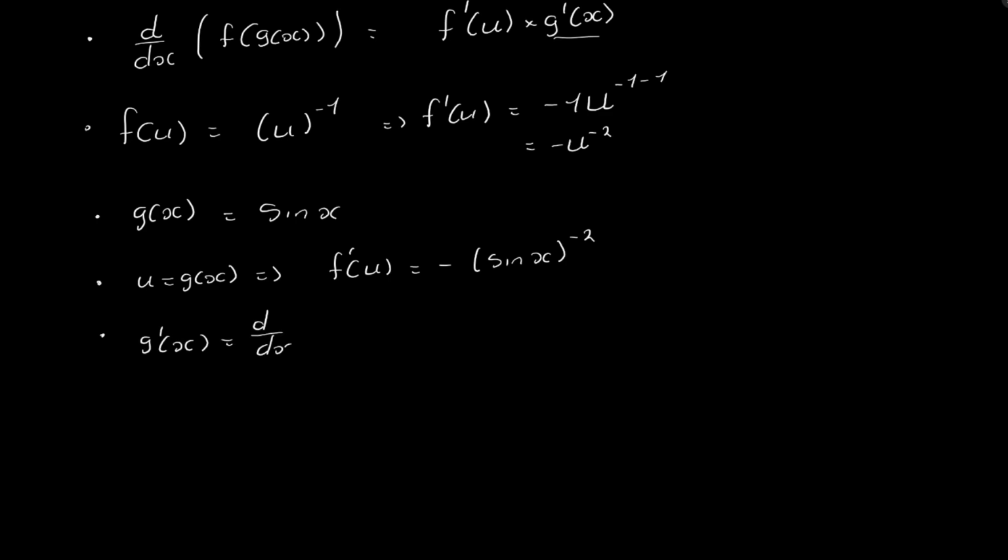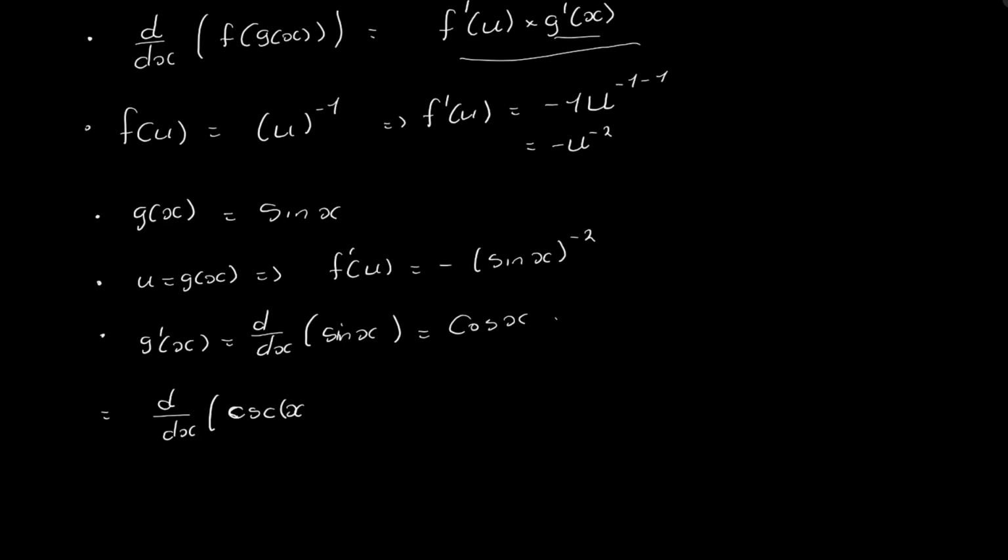So g prime of x is equal to d on dx of sine x, which is equal to cos x. So we already have our g prime of x and our f prime of u, which is negative u to the -2. Replacing u with our inner function, it gives us negative sine x, all that to the -2.